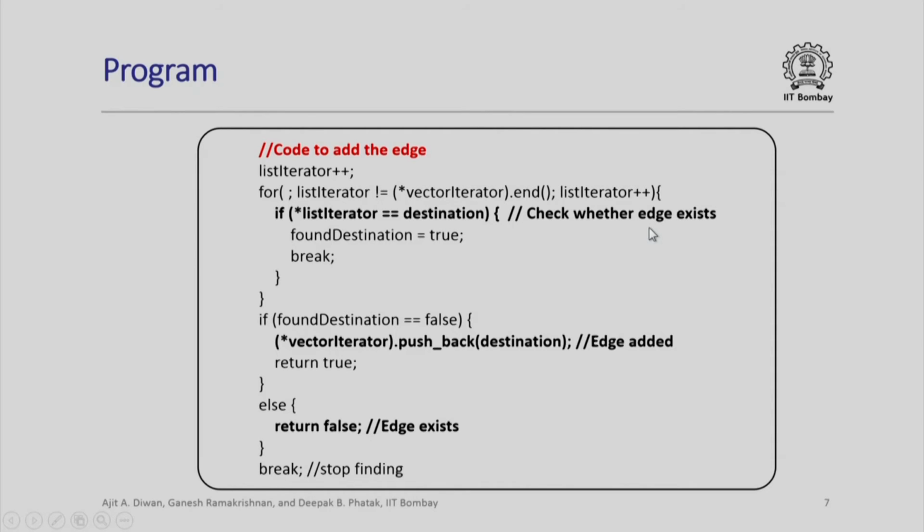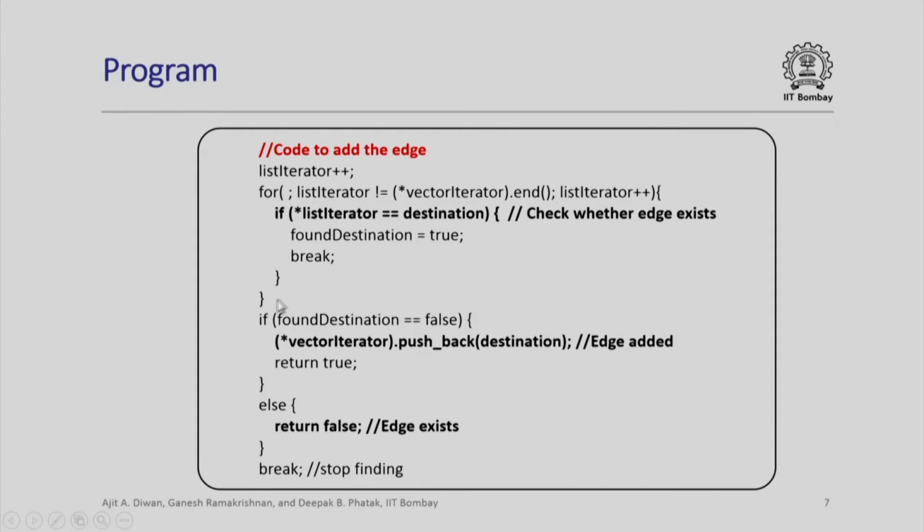If edge exists, we set found destination to be true and break, because we cannot add the edge if it already exists. So, we get out. If not, we continue this entire iteration. If we do not find throughout this test whether the destination node exists already, then the found destination is set to check whether it is false.